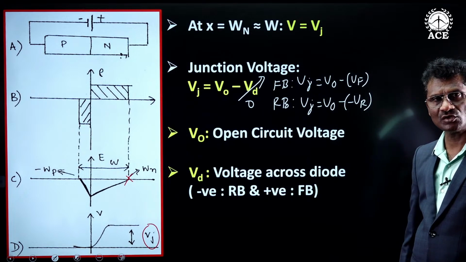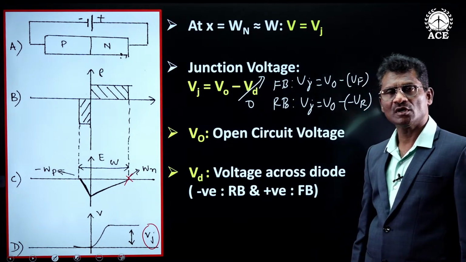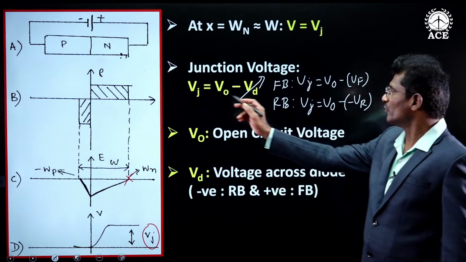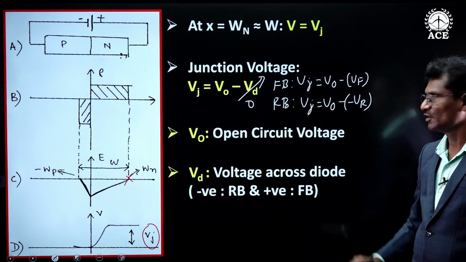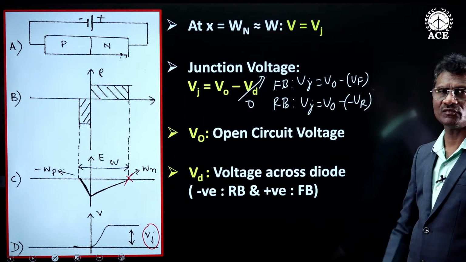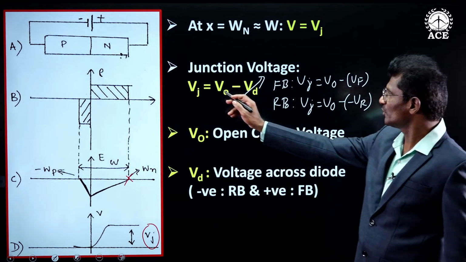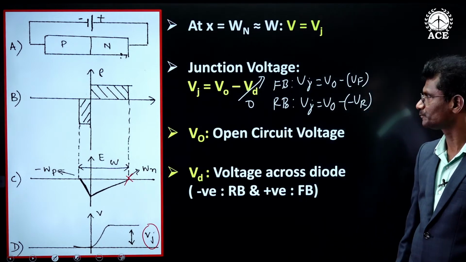That is junction voltage equal to V0, open circuited contact potential in open circuited diode. Vj is less than V0 in forward bias case. Vj is greater than V0 in reverse bias case. That is the meaning of this Vj equal to V0 minus Vd.